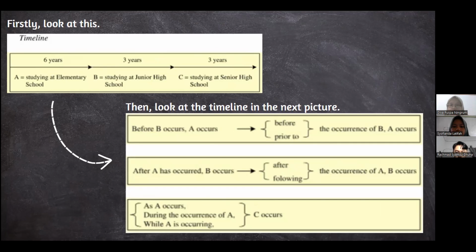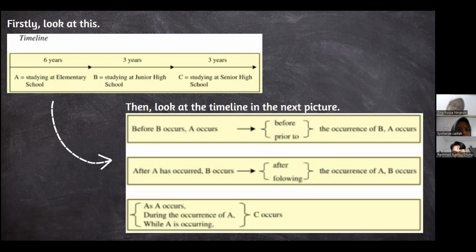For example, as A occurs, ketika A terjadi, during the occurrence of A, di saat situasi A terjadi, and also while A is occurring, ketika A sedang terjadi, C occurs. So it means that part A and part C are occurring at the same time.